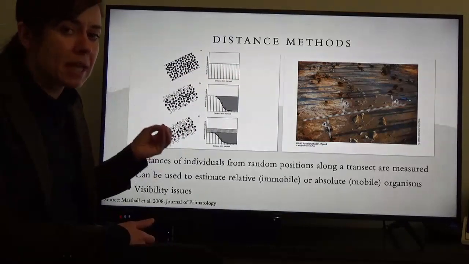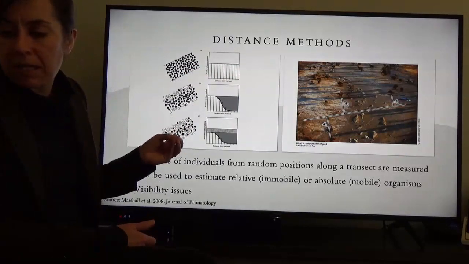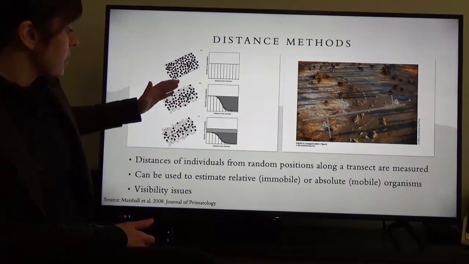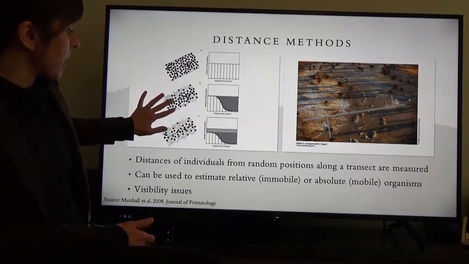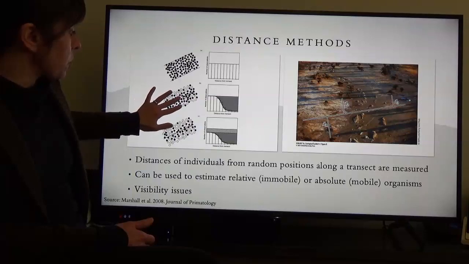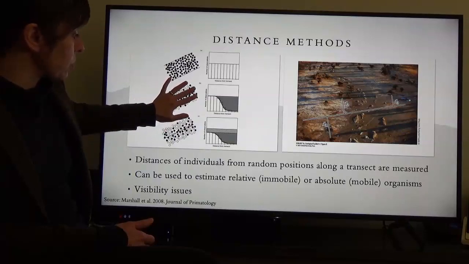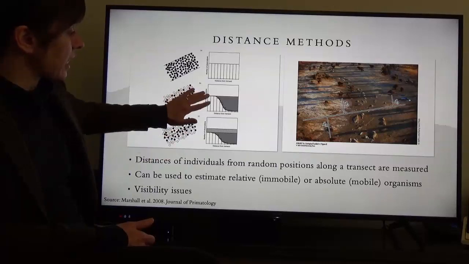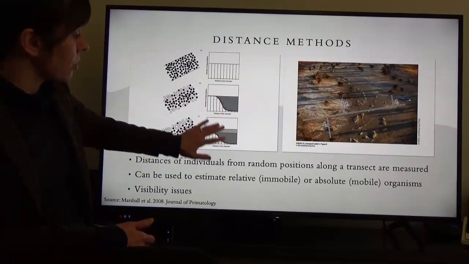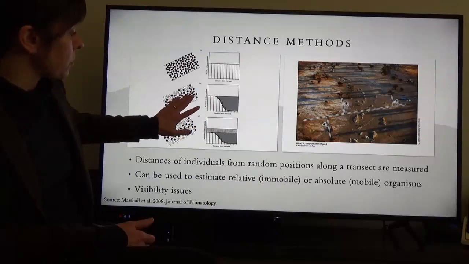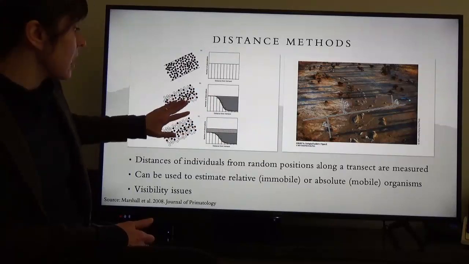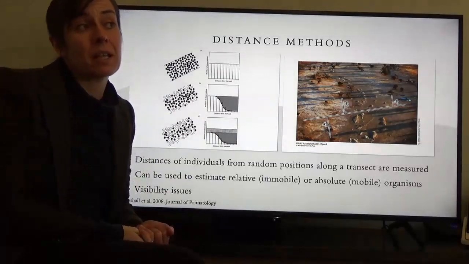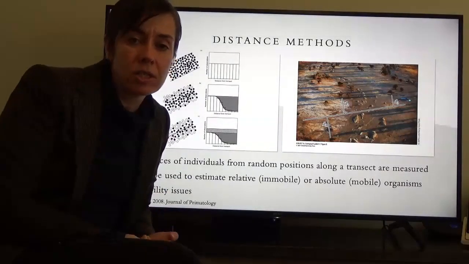And that means you don't have any detection or visibility challenges. But it may be the case that you're much better at seeing individuals that are quite close to the transect. In that case, you end up with this kind of curve where you have individuals close to the transect that are well detected, and then further away you sometimes get them, but you miss them a fair amount. And that's a real problem when we're estimating population sizes.